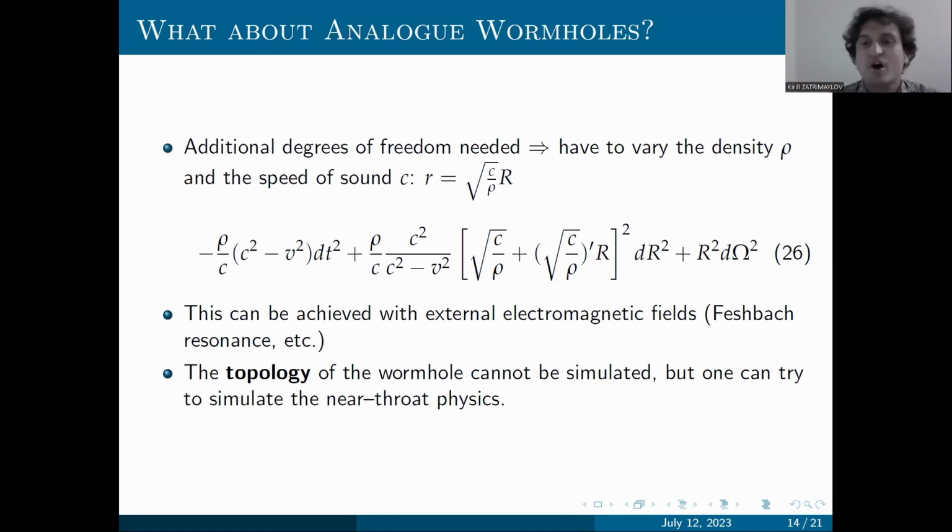We have to make c and the background density rho vary. And then we can perform this substitution of variables again to arrive at this kind of metric. So from this we can try to construct something like the Morris-Thorne wormhole.